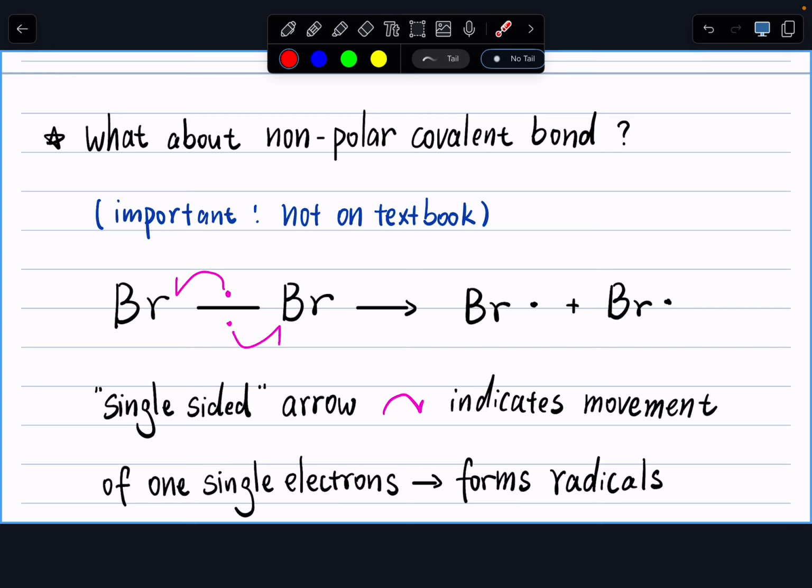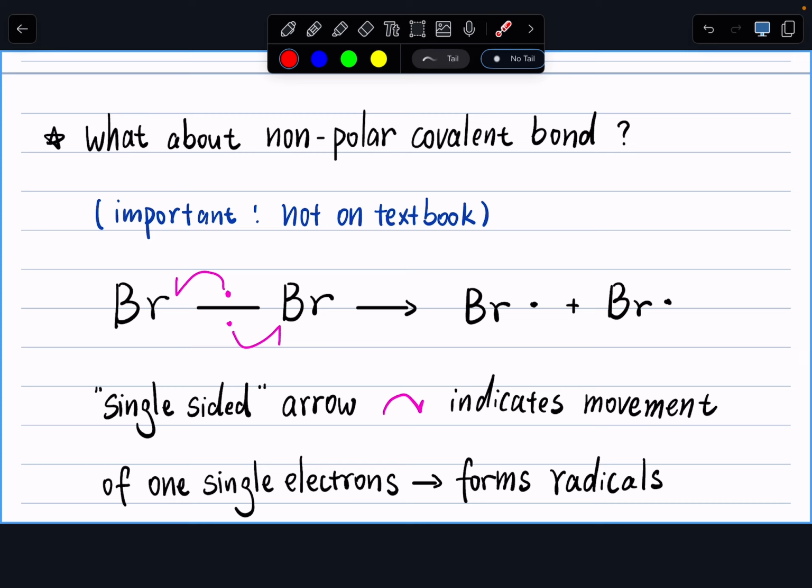Obviously, when we break chemical bonds, we also form new chemical bonds. Yes? The double versus single arrows, is the full arrow exclusive to polar bonds? I guess the way to put it is, a single-sided arrow tells us this is the movement of only one electron. The double-sided arrow tells us it's a movement of two electrons. That's the take-home message.